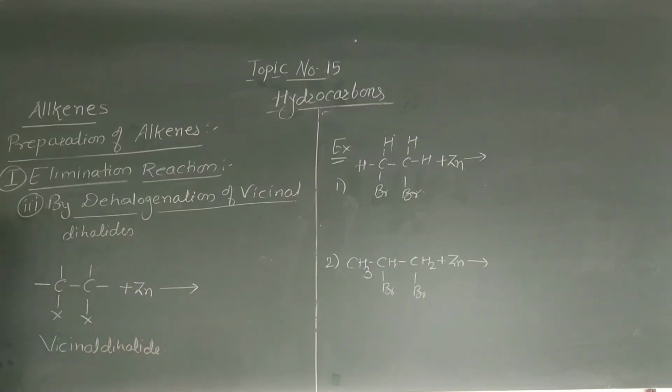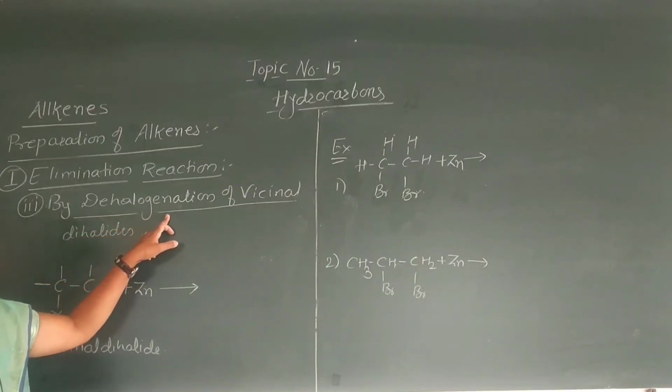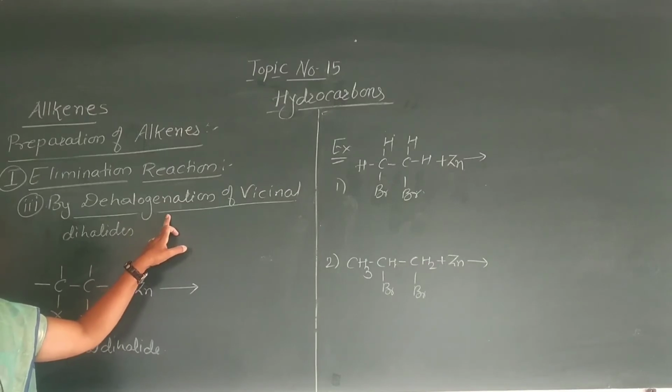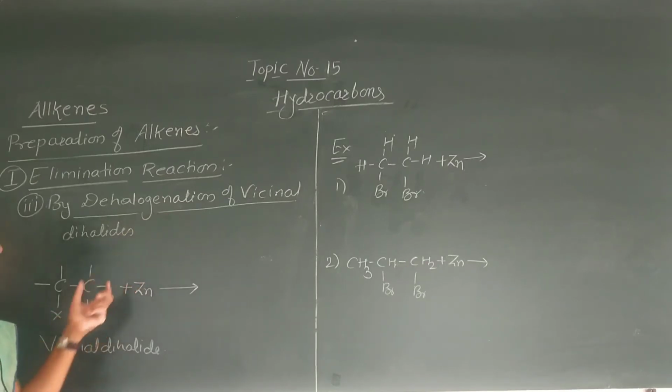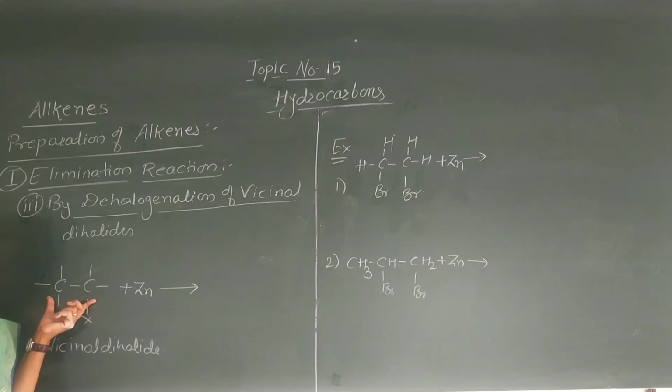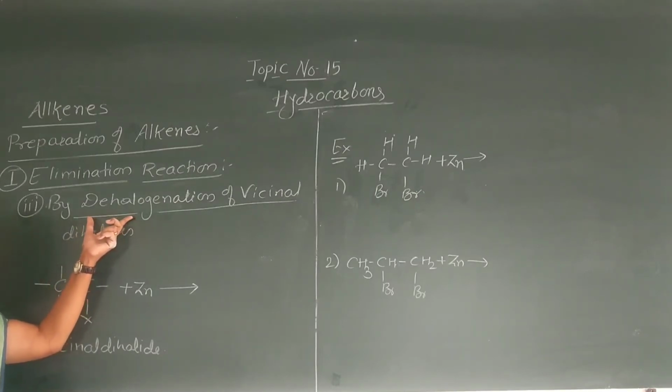When these vicinal dihalides are treated with zinc metal, they undergo dehalogenation reaction. Now what is meant by dehalogenation? The reaction in which two halogen atoms from two adjacent carbon atoms are removed is called dehalogenation reaction.